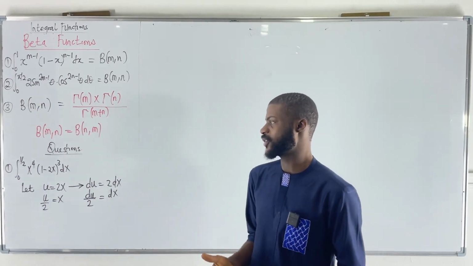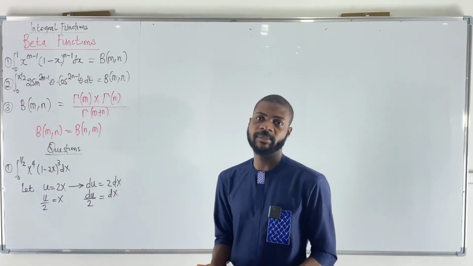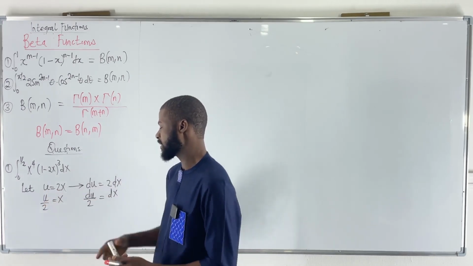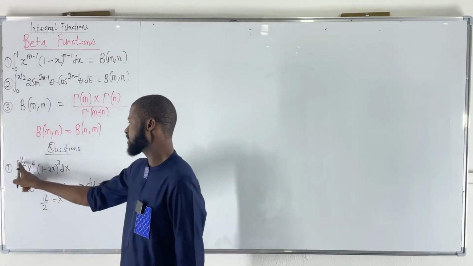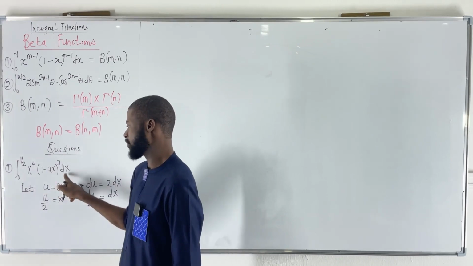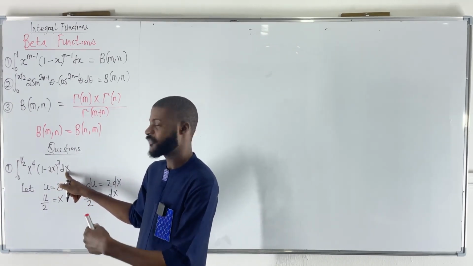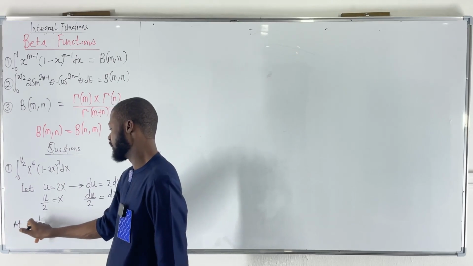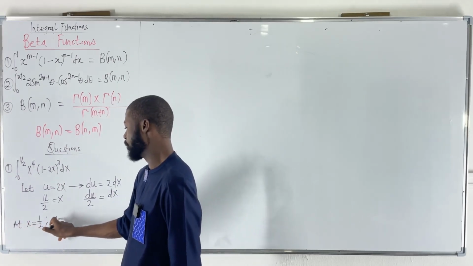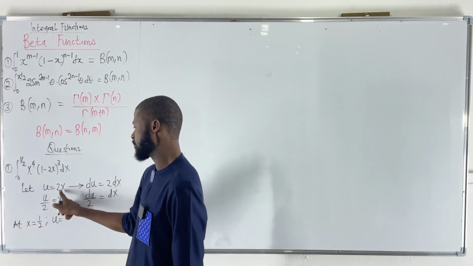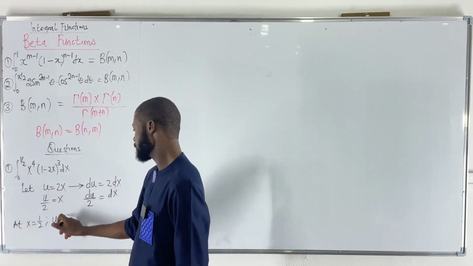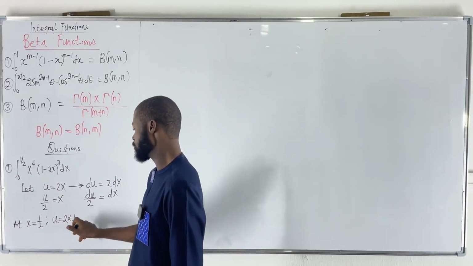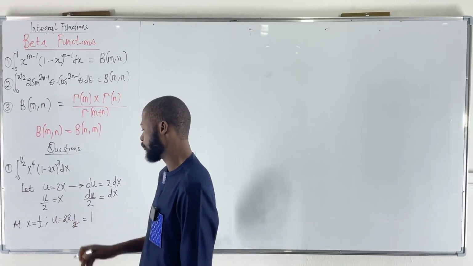Now, remember I said something. Whenever you make a substitution, you always check your limit. What was our substitution? We said u is equal to 2x. So, at x equal to 1 over 2, what is our u going to be? Remember that u is 2x, so it's always double of whatever x is. So this is 2 times 1 over 2. The 2 cancels the 2, that means we have 1.